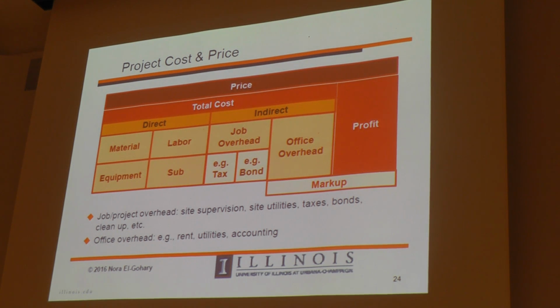Based on your own assumptions, you can include, for example, site supervision, site utility, etc. You can make such assumptions in your report because your group represents a company and you can have your own assumptions. The only thing is you need to make assumptions and explicitly list all your assumptions in your final report, so others can understand what you are doing.